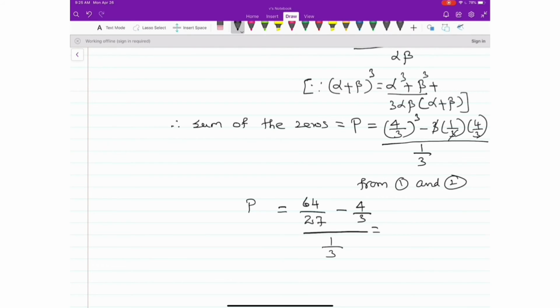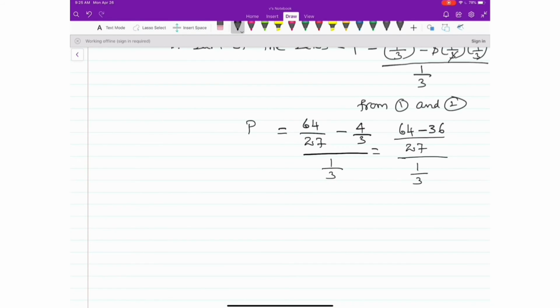When you take LCM, you will be getting 27, so 64 minus 36 by 27 into 3. So P is equal to 28 by 27 into 3. 3 will go to the numerator, so 9 3s, 28 by 9. Let me name this result as 3.